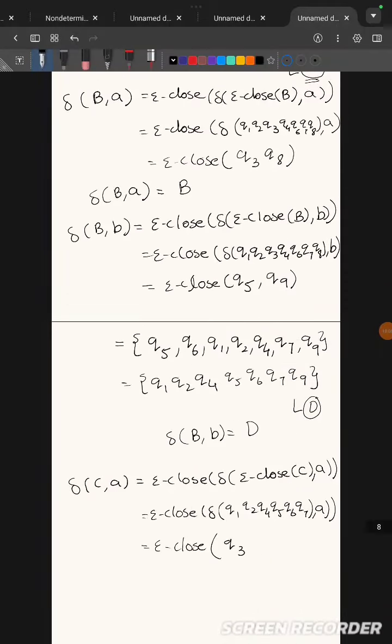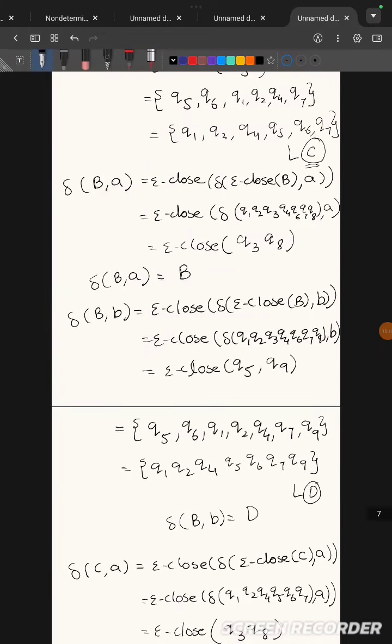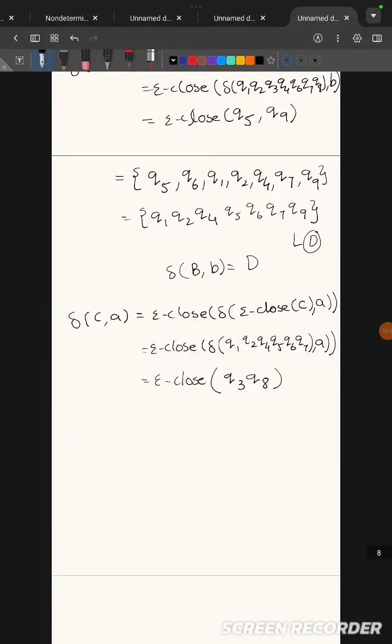So we write Q3, Q8. The epsilon closure of Q3, Q8 is B. So the transition of C comma a is equal to state B.